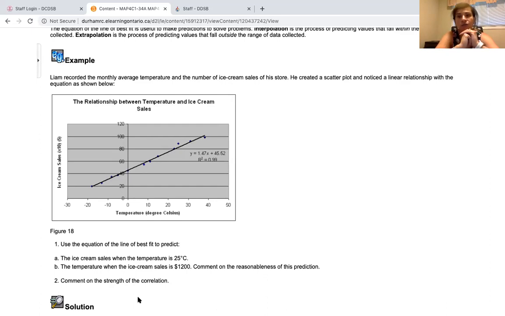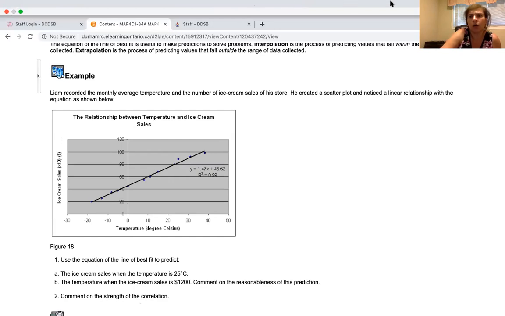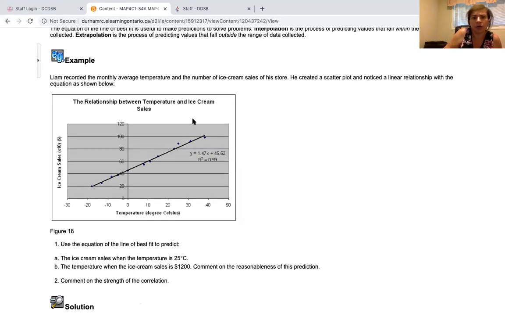So they're asking us to find the ice cream sale when the temperature is 25 degrees. If we're looking at this graph right here, we know that the temperature is on the x-axis, and the ice cream sale is on the y-axis. Okay, so temperature is on the x, ice cream sale is on the y.